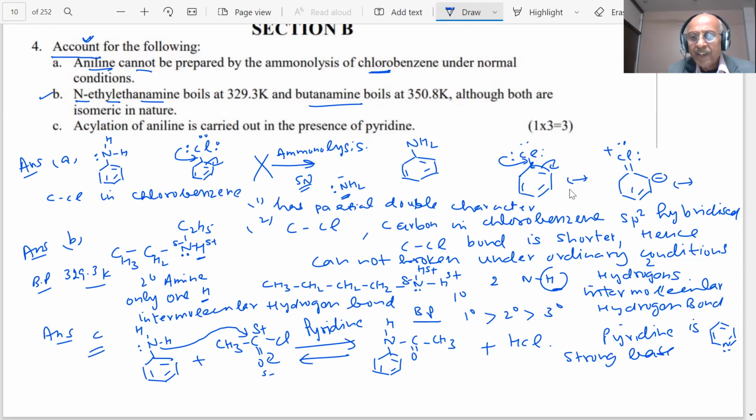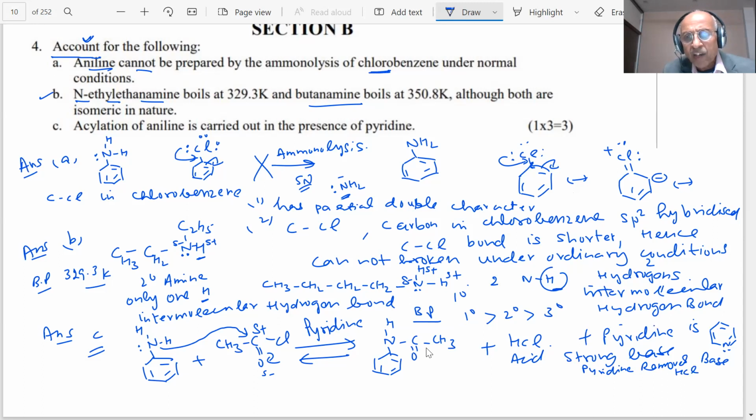So this pyridine will react. This is a base and HCl is an acid. They will react. So pyridine will remove HCl. What is the pyridine doing here, students? Pyridine removes HCl.